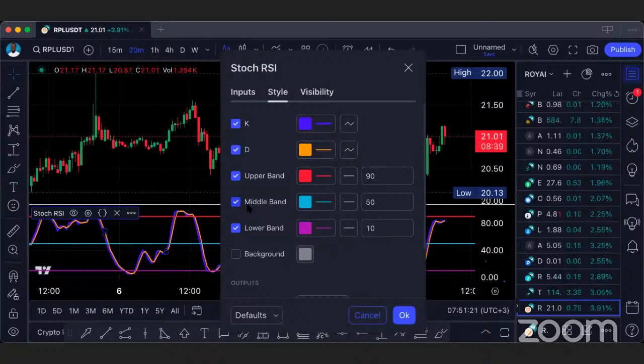It is not in the overbought area, so it is halfway on its journey. Then the next lower line is what we call the lower band. Here this indicator shows that this particular trade has been oversold.